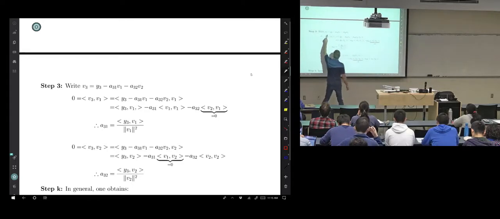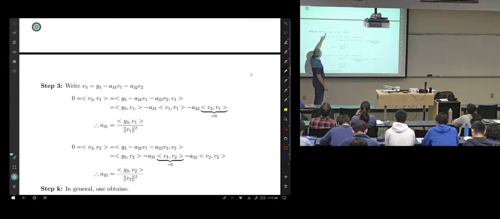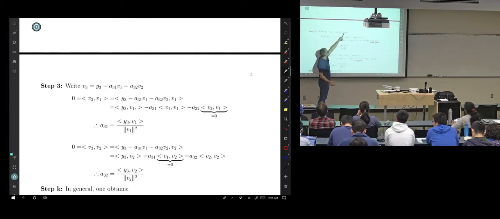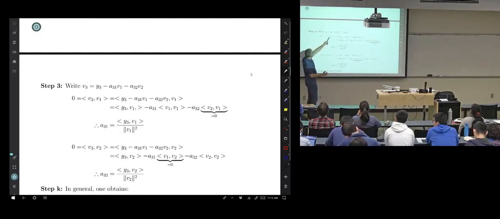You want to produce a vector v3 that is orthogonal to v1 and v2. So you just write it as y3, the new vector you have. You've already done y1 and y2. And you want to see if you can find these coefficients such that this inner product is 0 and this inner product is 0.